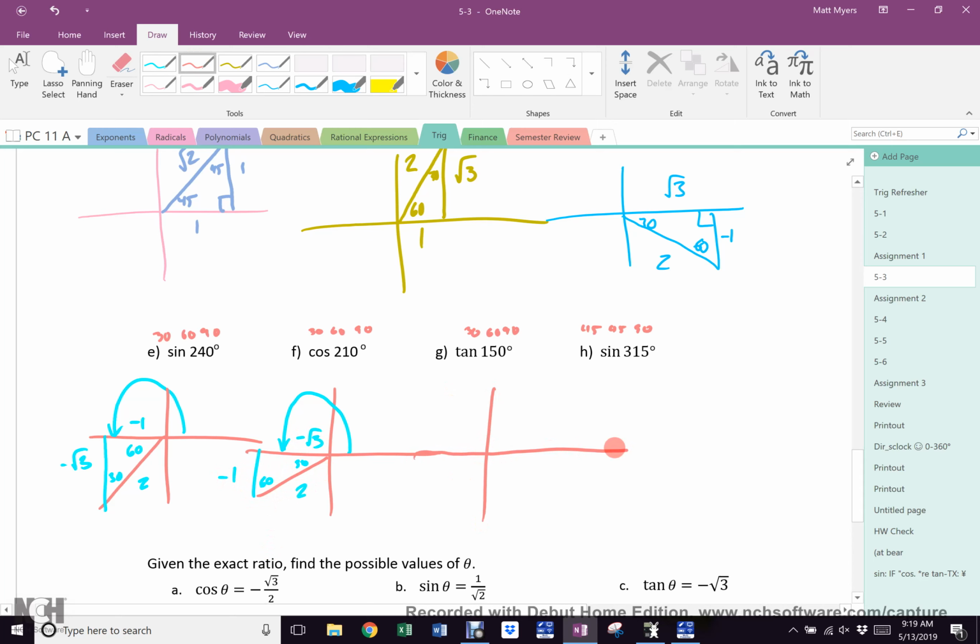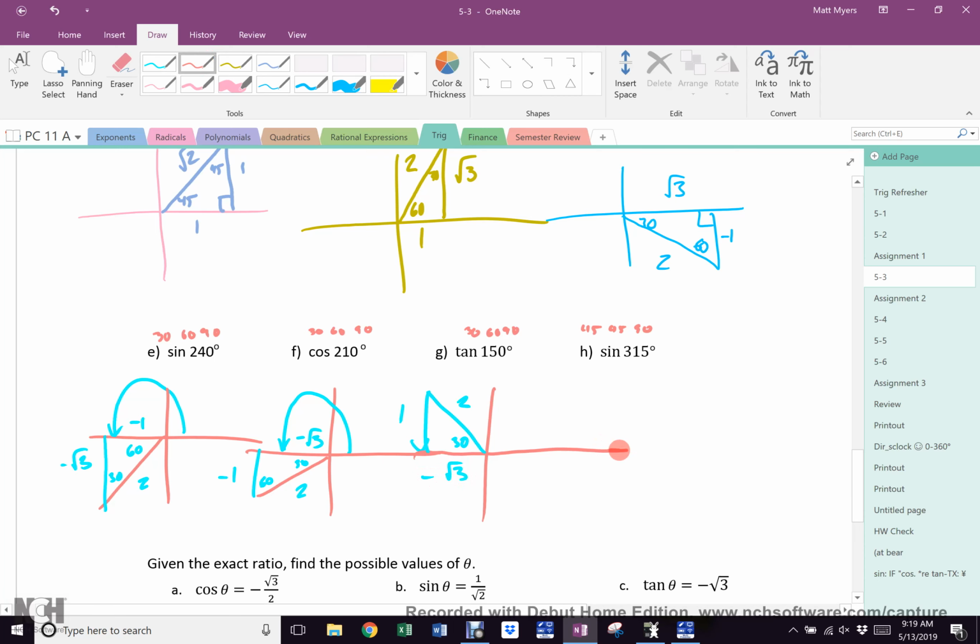Where's 150? There. What's that? 180, but I only needed to go 150. So what's that? 30. So automatically, if that's 30, what's that? 1. What's that? 2. What's that? -√3.